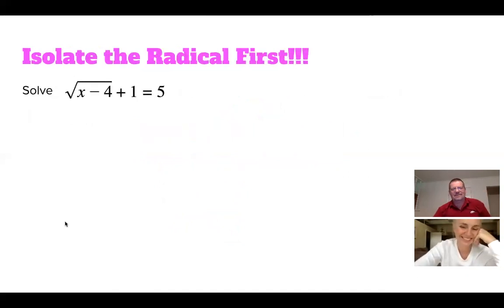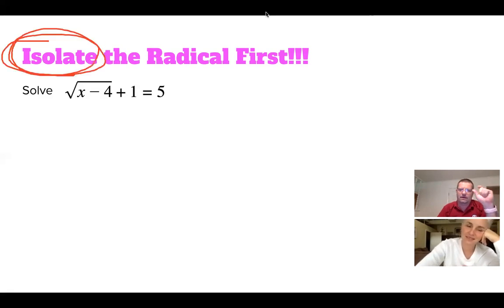The only problem with radical problems is that you have to get the radical alone by itself first, as best you can. If I square this as it sits, it's going to be a hot, ugly mess, because when I have the binomial, it's just going to be straight up ugly. So if you have a square root and you can get it by its lonesome, do it.